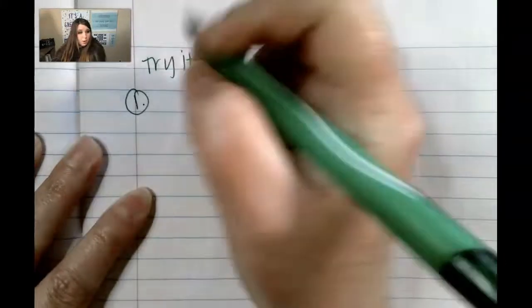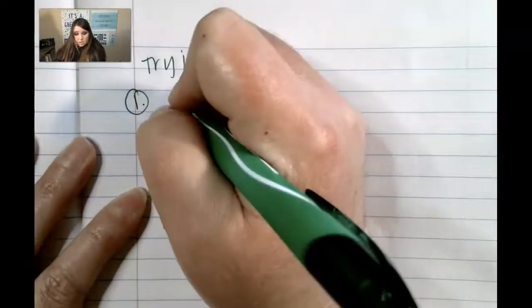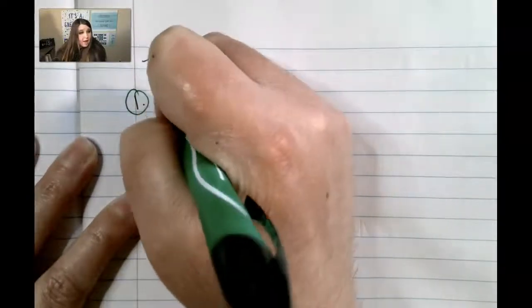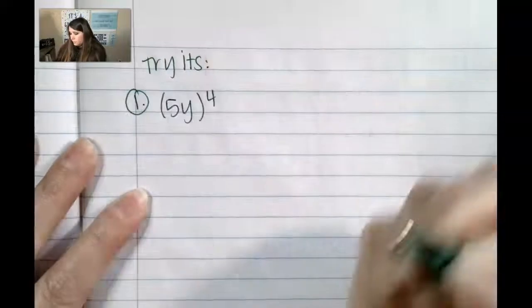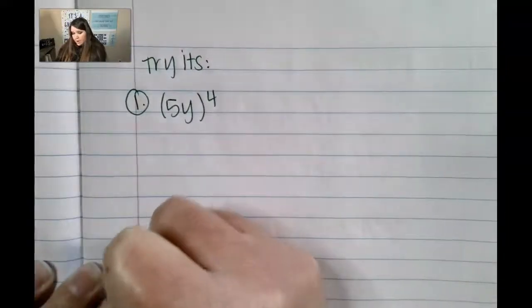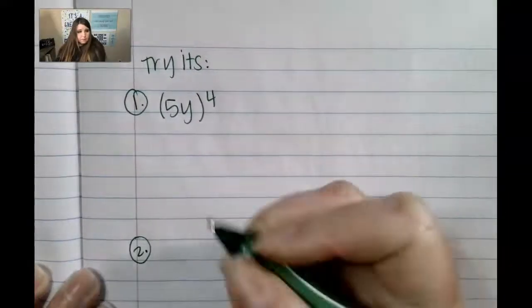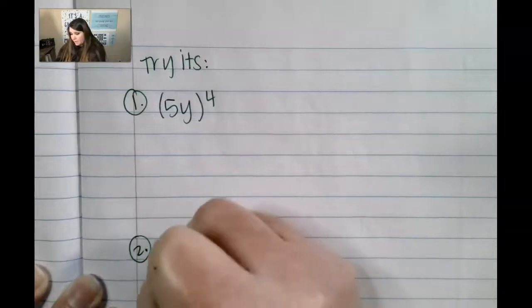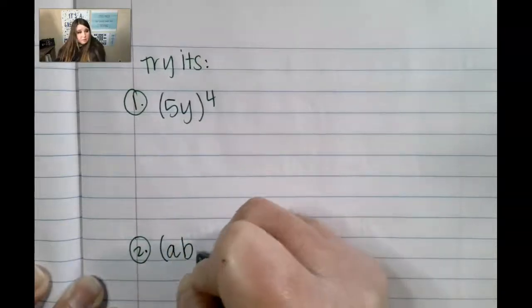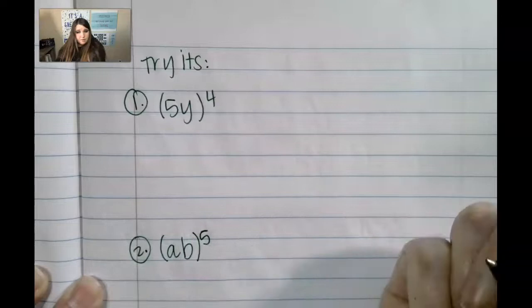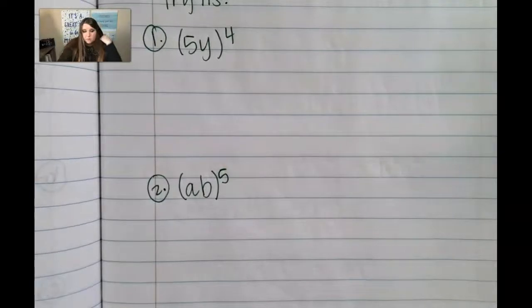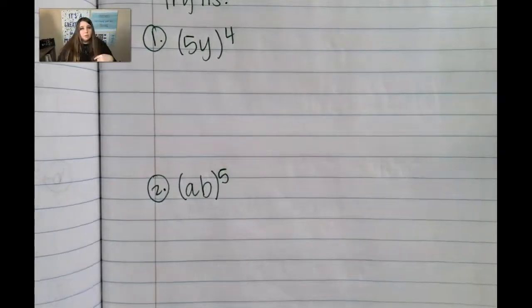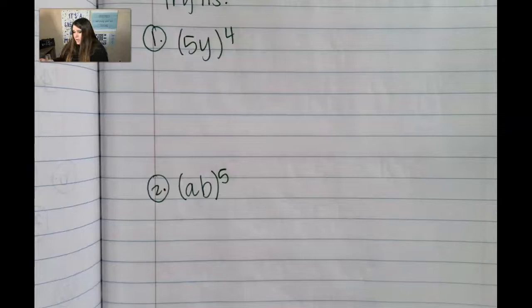Try-it number 1 says that I have 5y to the 4th. And try-it number 2 says that I have a times b to the 5th. And we're going to go ahead and solve both of those. So go ahead and hit pause right now so you don't hear me solving. And then when you are ready, come on back.